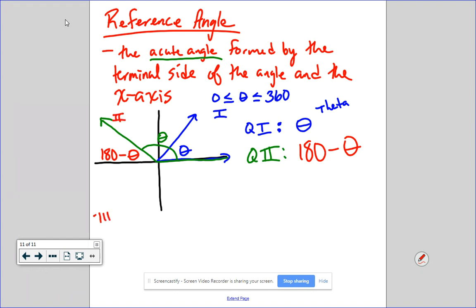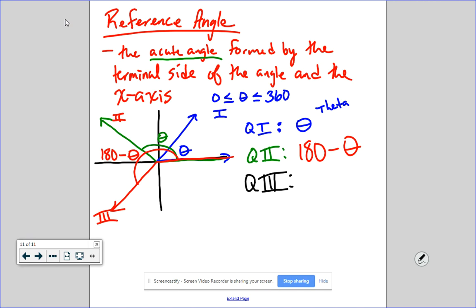We now need to do quadrant 3. Well, if I'm in quadrant 3, I start here and I come all the way down here. So this is my angle measure all the way around. Okay? Now, common logic based off of our last problem is to say, okay, well, to find quadrant 3, you just take 270 minus theta.